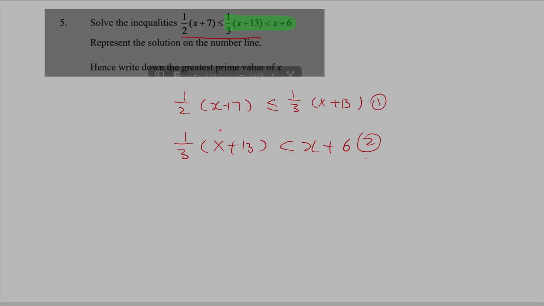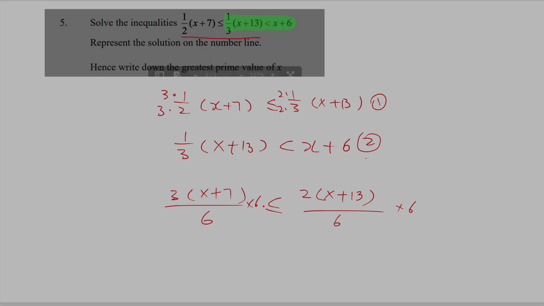Let me solve 1. For 1, I think it's pretty easy to see. You need to times 3 and then 2 here, and then you will end up with 3 above, 6 below, 2 above, 6 below. So you can get rid of the 6 by times 6 on both sides.